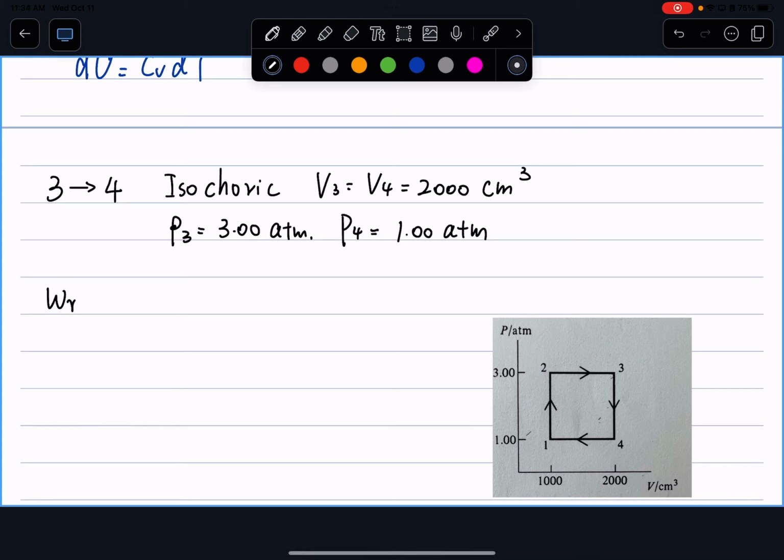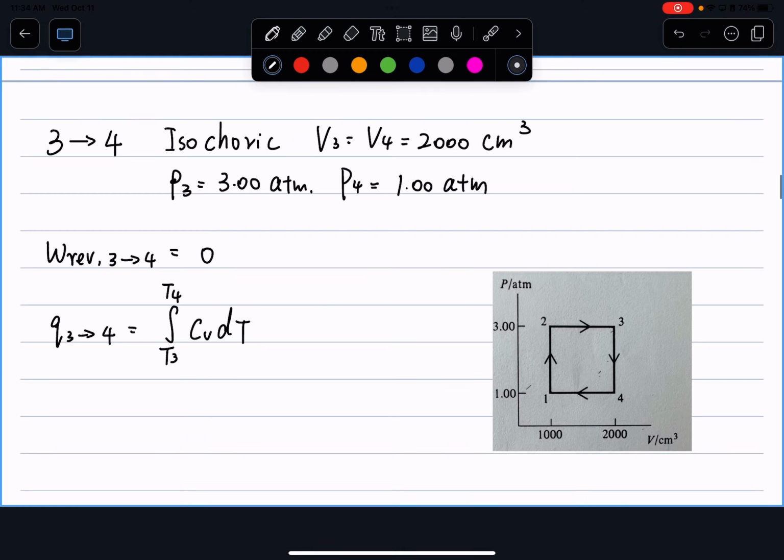And then we have W reversible from 3 to 4. It's an isochoric process, so naturally it equals 0 because your volume is not changing. You can calculate Q, 3 to 4. That gives you the integral from T3 to T4 of Cv dT, which equals 1.50 nR times T4 minus T3.